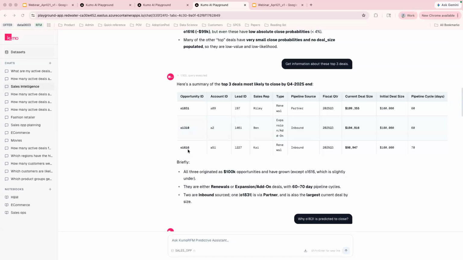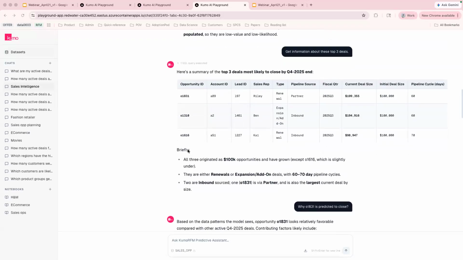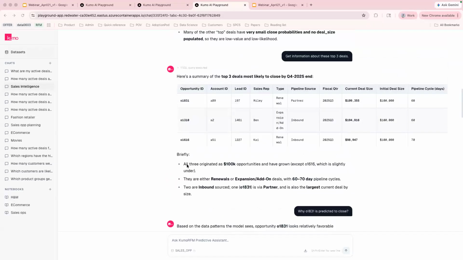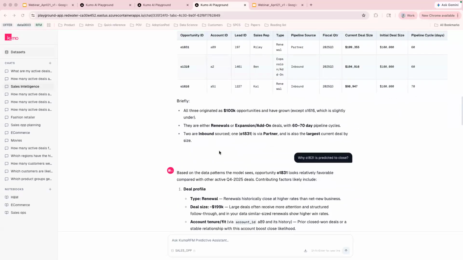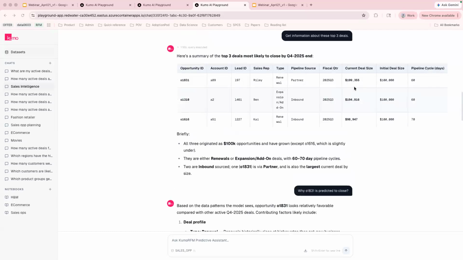From here, once I understand what these opportunities are, I would also want to connect this to the revenue side of things, which is what's the predicted deal size of this opportunity. That would give me some insight into how big these deals are and what's the best case revenue scenario for Q4.